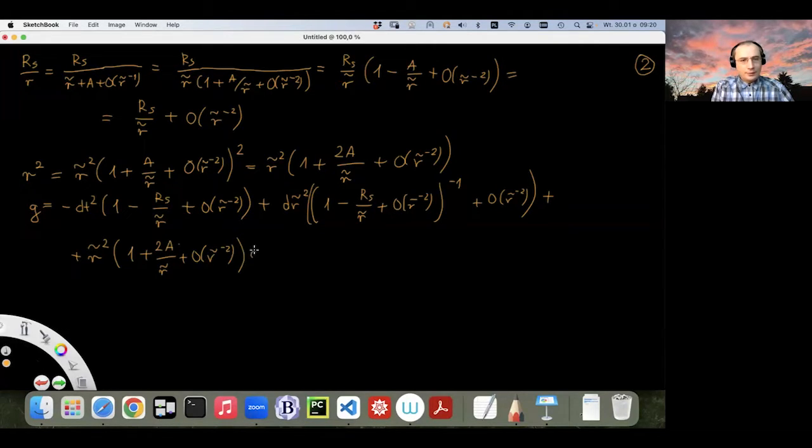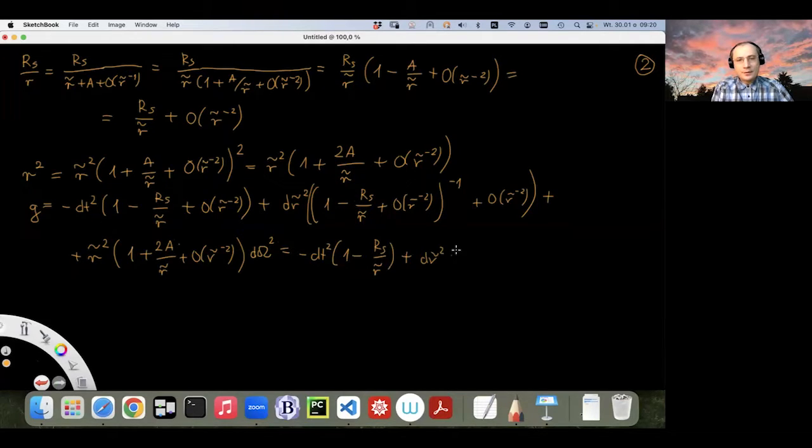And here we got the omega squared. So let's write it this way: 1 minus rs over r tilde plus the r bar squared.